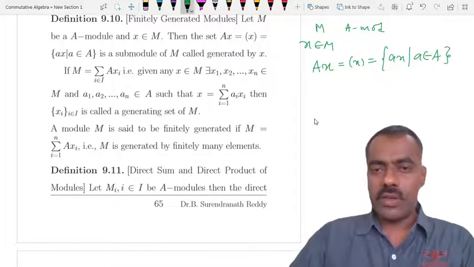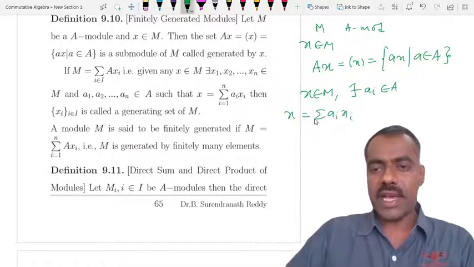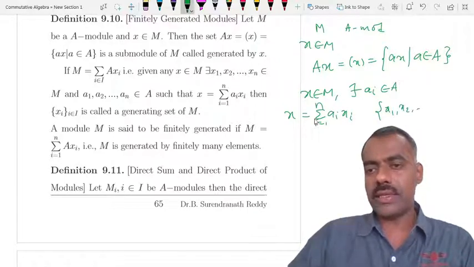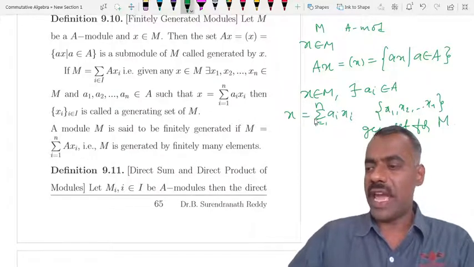If any x in M can be written as x equal to the summation of ai xi, where the ai's are in A, then x1, x2, ..., xn is called a generating set for our module M.